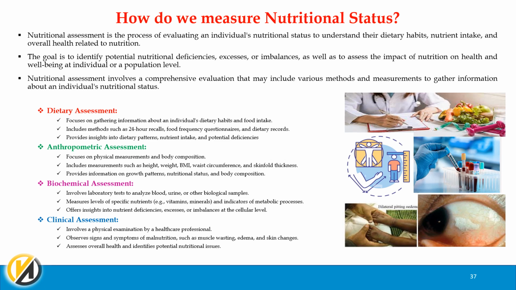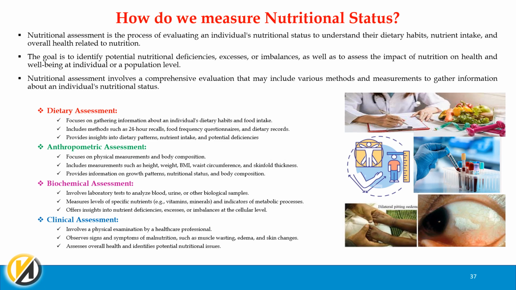This data provides information on growth patterns, nutritional status, and body composition. The third one is biochemical assessment. This involves laboratory tests to analyze blood, urine, stool samples, or other biological samples.